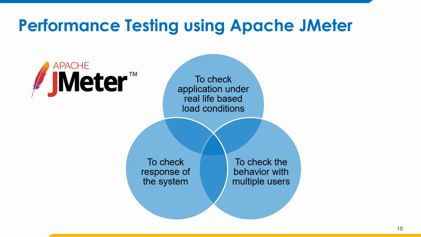Performance testing determines the performance of a system or software application under real-life based load conditions. Basically, load testing determines the behavior of the application when multiple users use it at the same time. It is a response of the system for varying load conditions. The execution of the test cases we will discuss in the demo presentation.